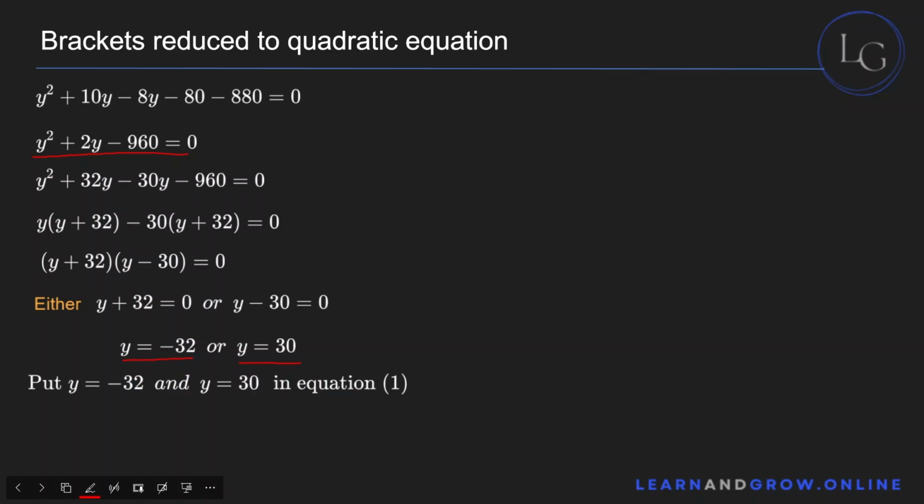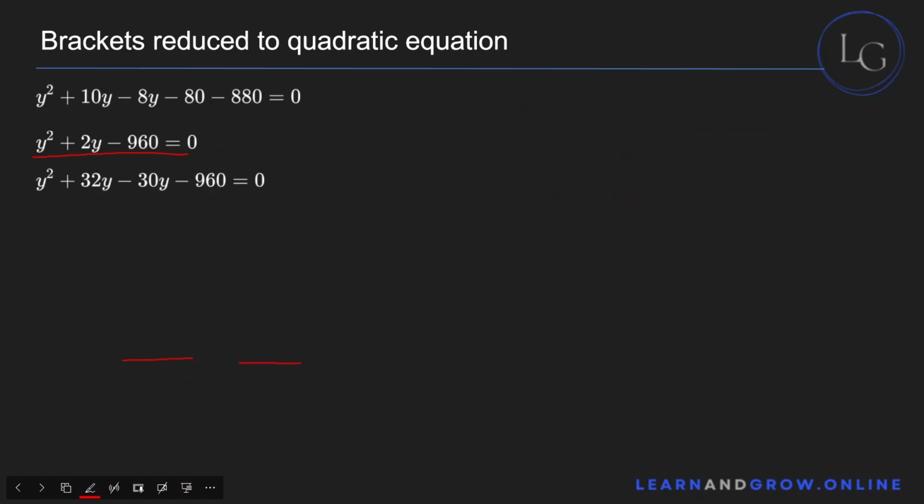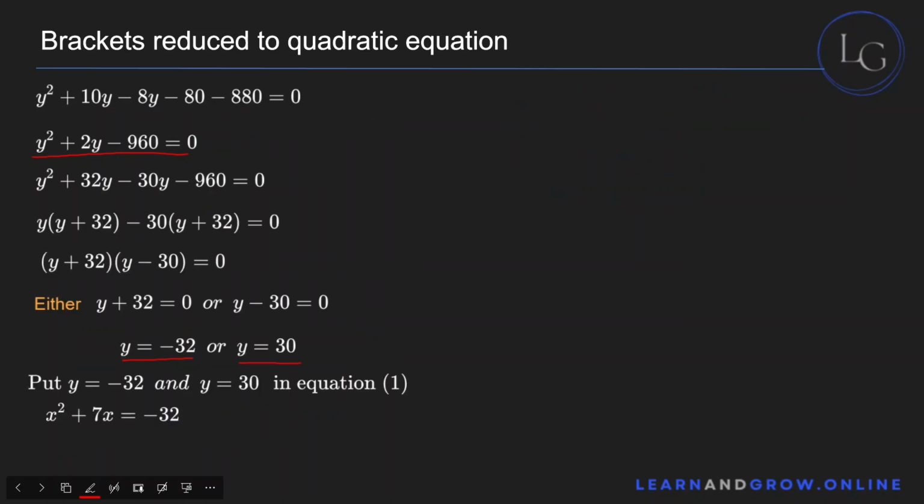Now, when you put y is equal to minus 32 and y is equal to 30 in this equation here, you basically get x squared plus 7x is equal to minus 32 and x squared plus 7x is equal to 30.